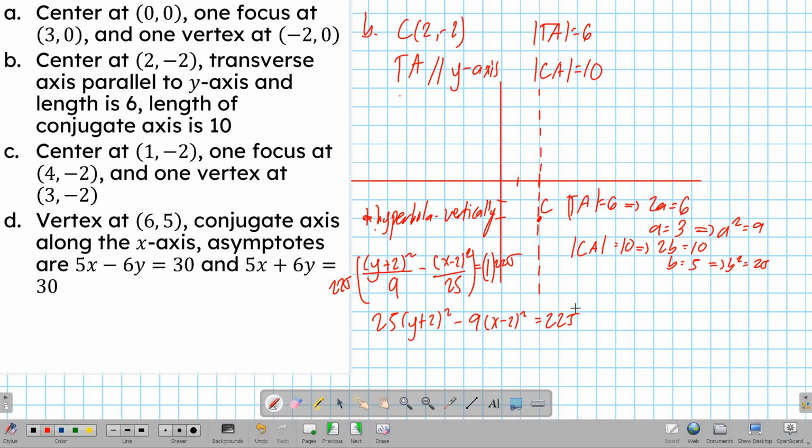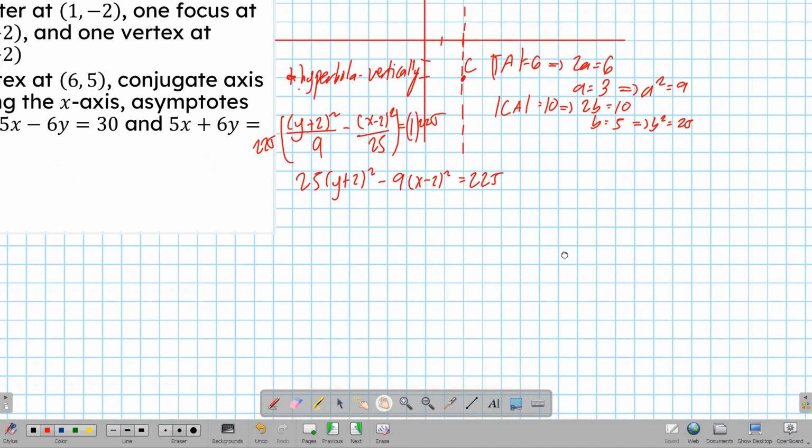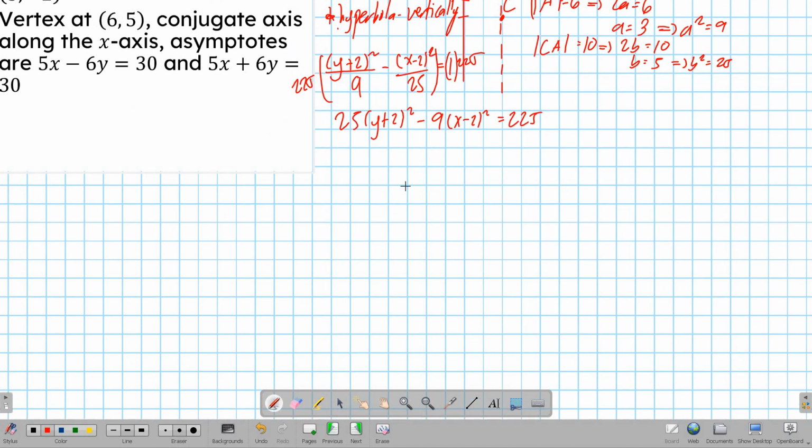Now we have to expand our squared binomials before we distribute. So this becomes 25 times y squared plus 4y plus 4, minus 9 times x squared minus 4x plus 4, equals 225. Then we distribute.